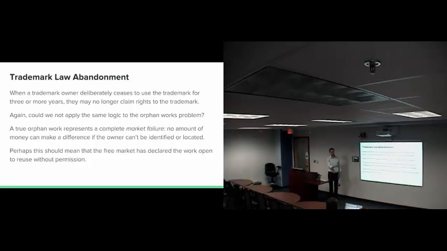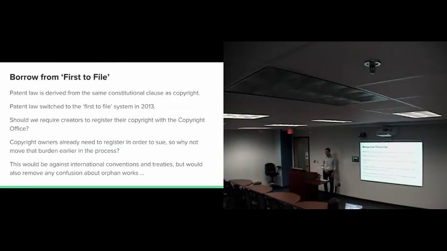You literally can't identify who the owner is, or you know who it is, but you can't locate them. And so in cases like that, there's a strong argument that that represents a market failure, especially for orphan works where the copyright hasn't been registered with the Copyright Office. And that brings us to the other possibility here, which is to borrow from patent law.